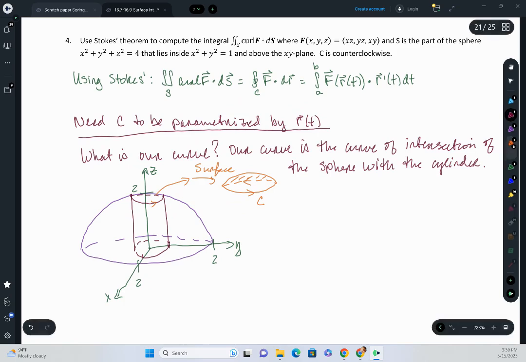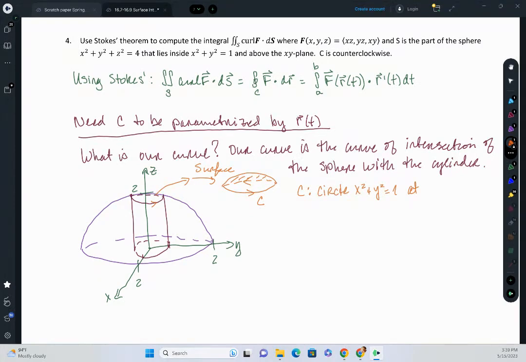So C can be defined by the circle x squared plus y squared is equal to 1 at, well, here's the last part, at the z level where the intersection occurs.